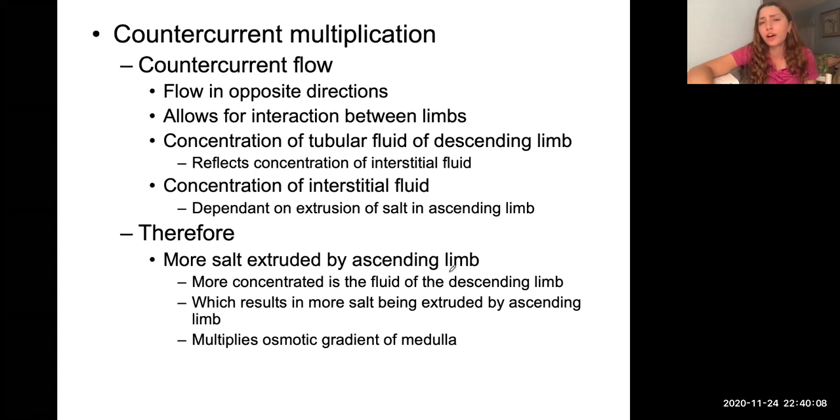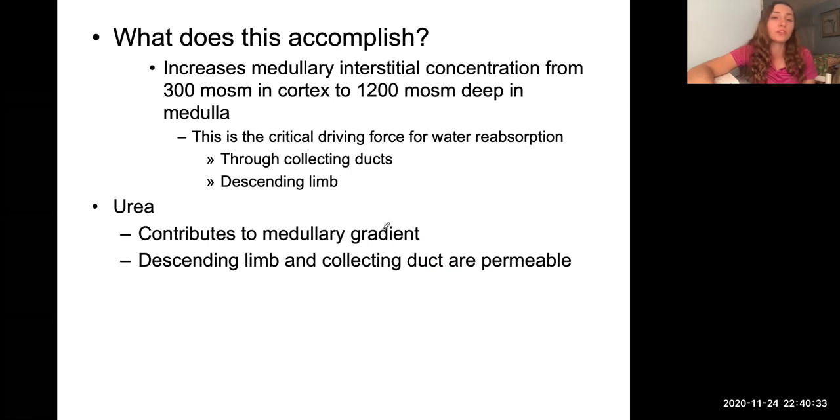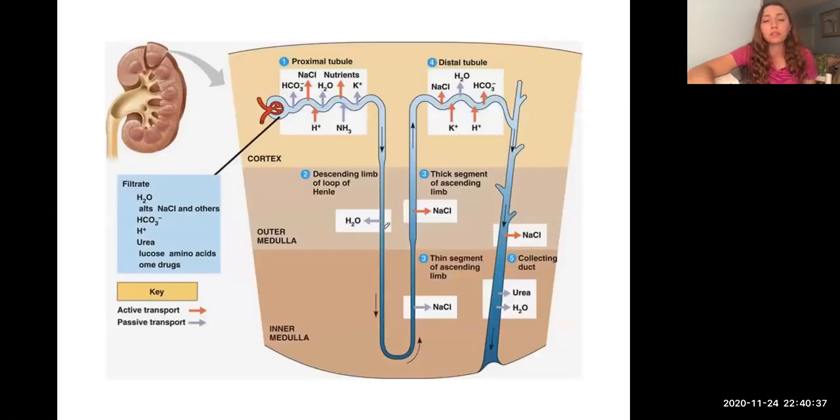Countercurrent flow just means that the flow is going two ways. She said you don't really need to know it. What's important is that sodium is extruded by the ascending limb so that it can dilute the outside of the nephron to allow for the water to come out.